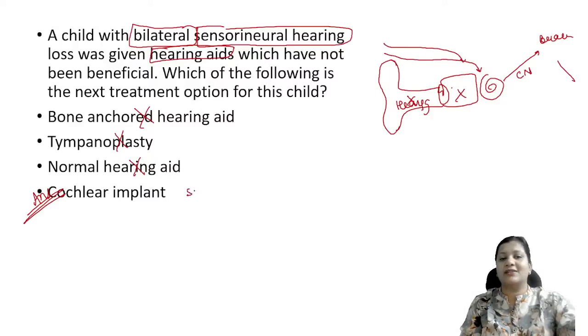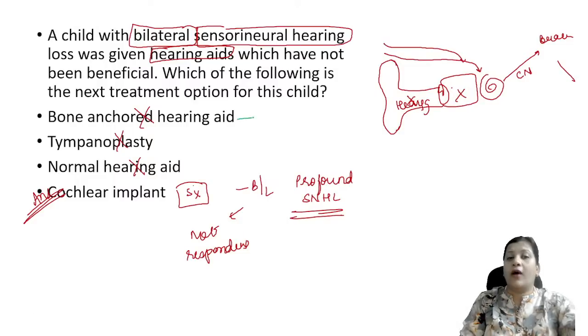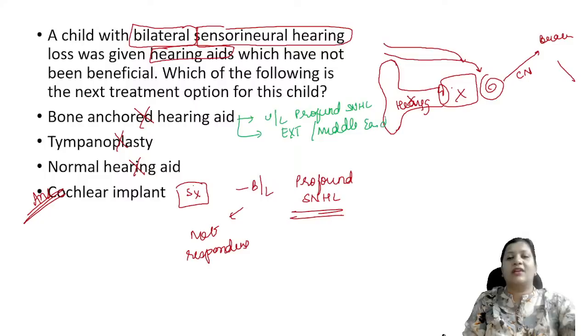So cochlear implant surgery is performed for bilateral profound sensorineural hearing loss. So if there is a patient who has bilateral profound SNHL not responding to hearing aids, that is sufficient for your answer of cochlear implant. But if the question would have been unilateral profound SNHL, then you can give BAHA. So if there was a unilateral profound SNHL, or an external ear or a middle ear disease, then you can give BAHA.